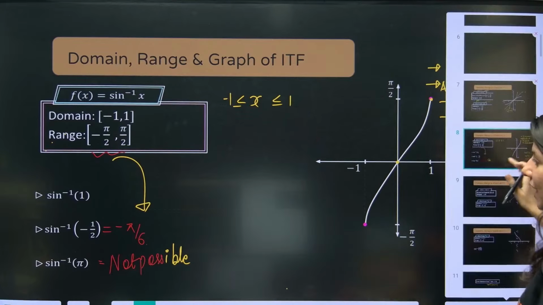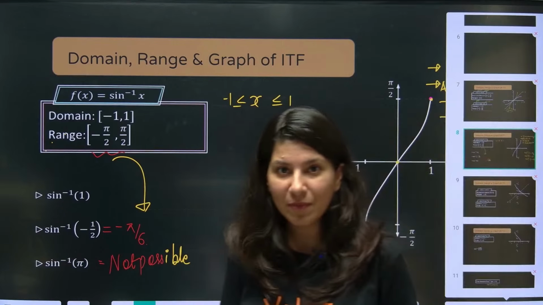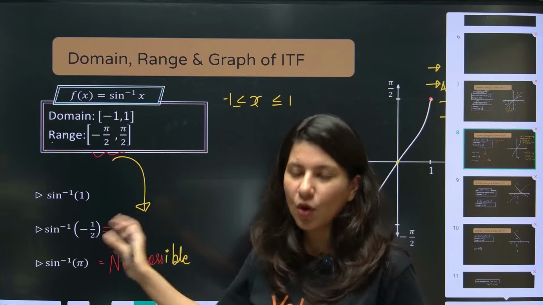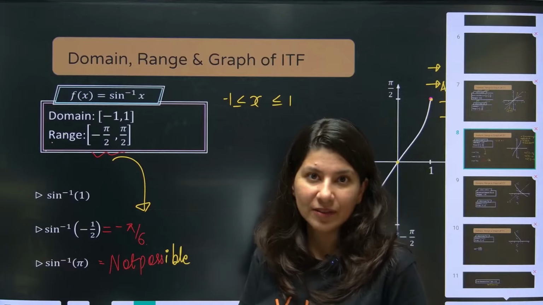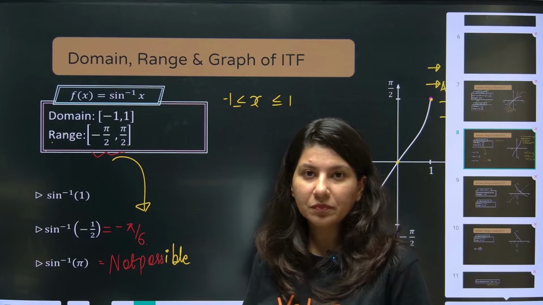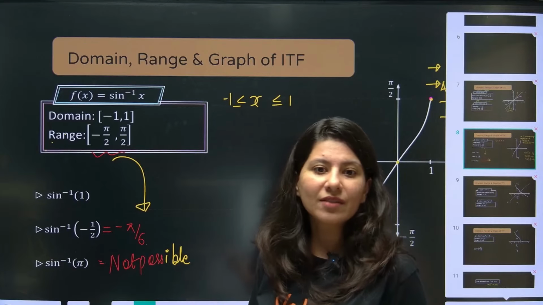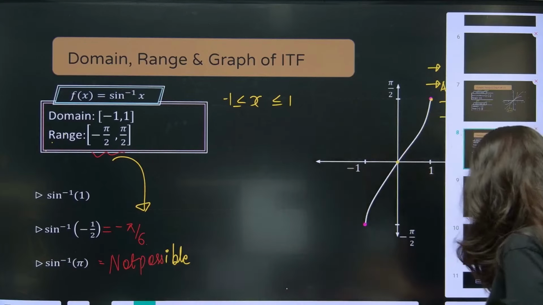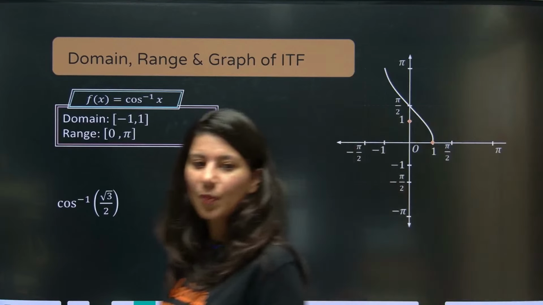Otherwise this function will be many one. 5 pi by 6 is not even considerable because sin 5 pi by 6 is plus half. Your answer could be 7 pi by 6, but that will not be the answer, because then your function will become many one. So that's the whole point.